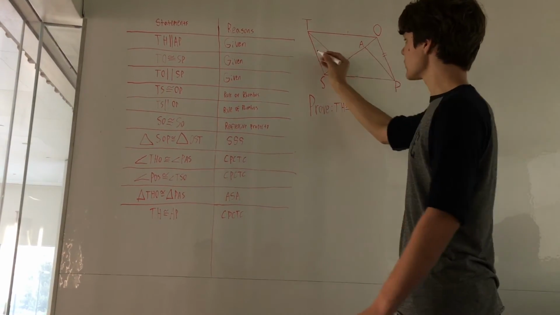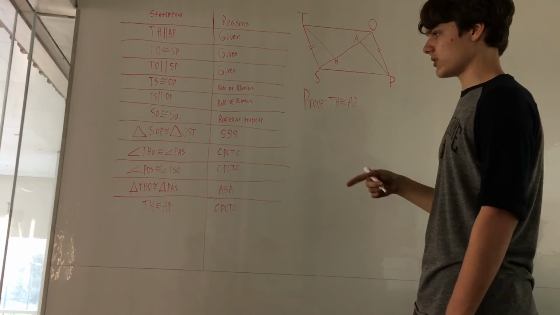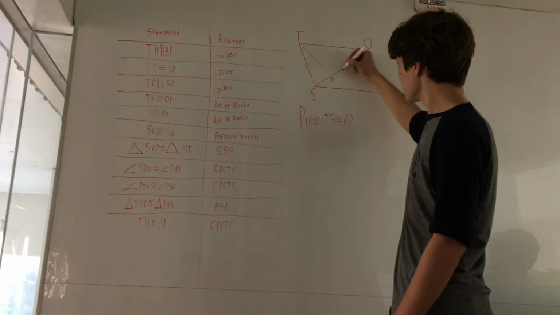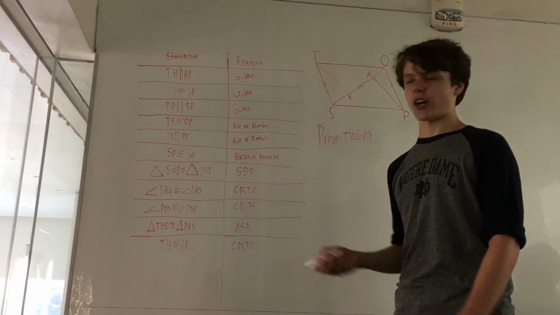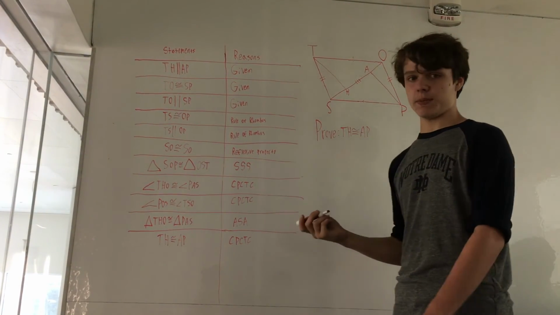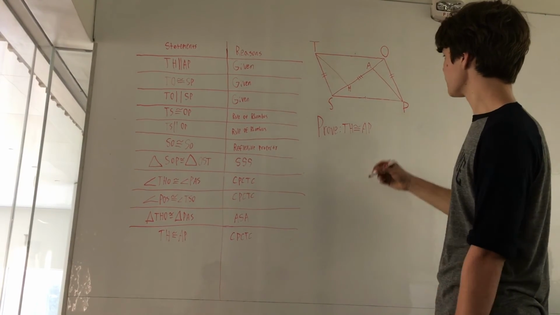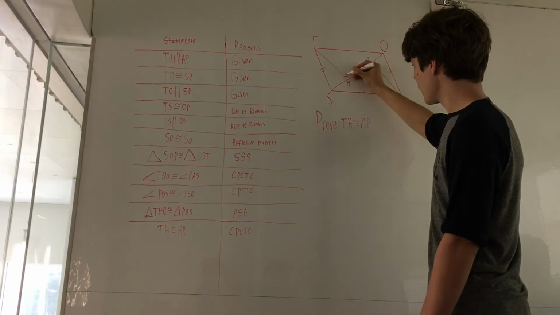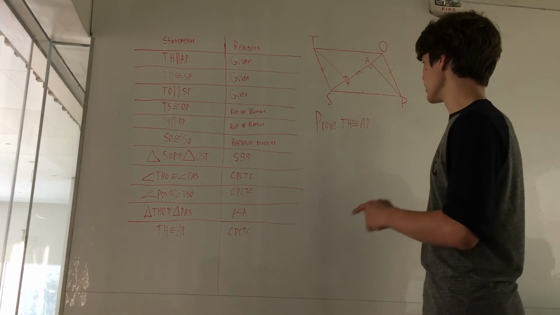So we have those. Next, since I'm going to make triangles, I said SO was congruent to SO for the reflexive property. And now we have three sides that make a triangle. So using SSS, triangle SOP is congruent to triangle OST. And then using CPCTC, we can do angle THO, which is right here, and angle SAP, which is right here, are congruent.